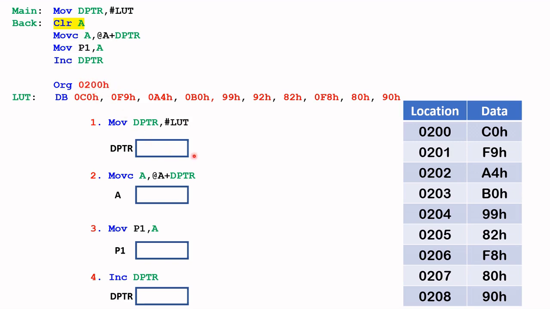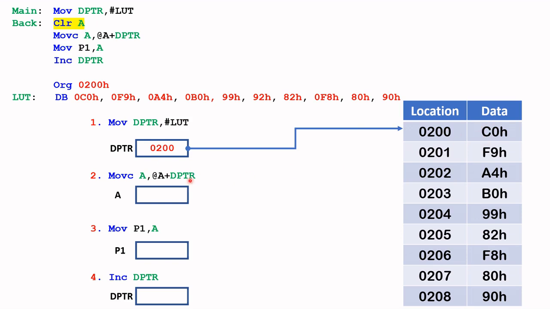So that will go into DPTR, the pointer. So that will point to that address. It will then copy the resultant address, which is 0200. Remember, we cleared A, so that will point to this.